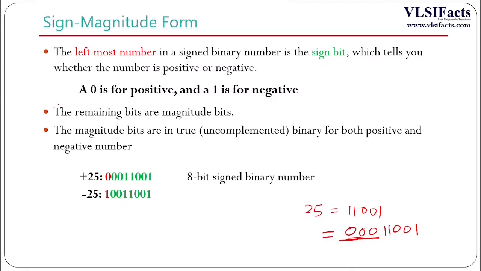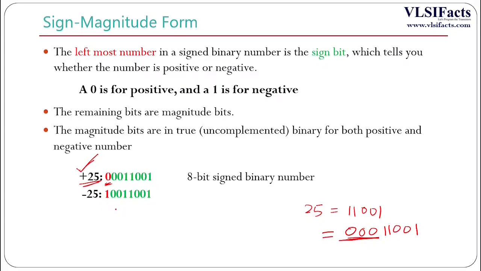Now, as you can see over here, the leftmost bit is 0 for positive 25. Since this is in sign magnitude form, the leftmost bit should be 0 to indicate that this is a positive number, and in this case the magnitude says that it is 25, so the final number is plus 25.